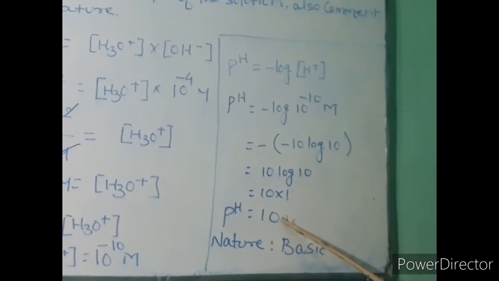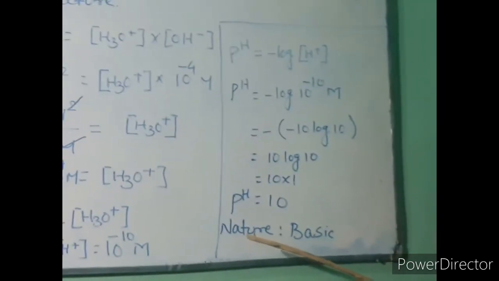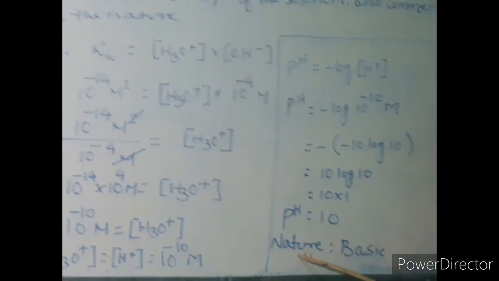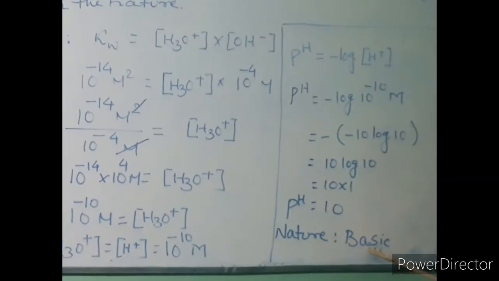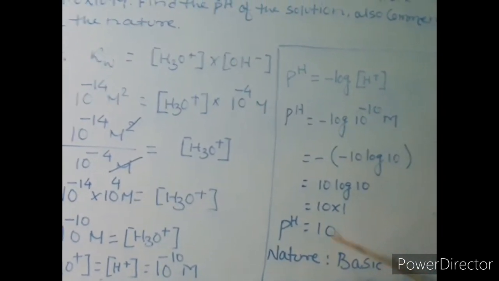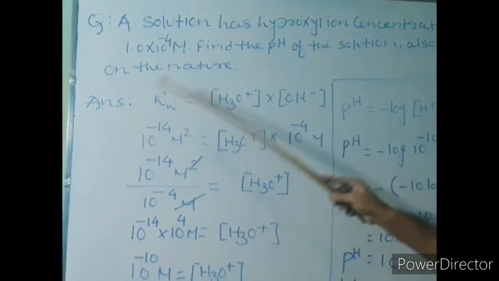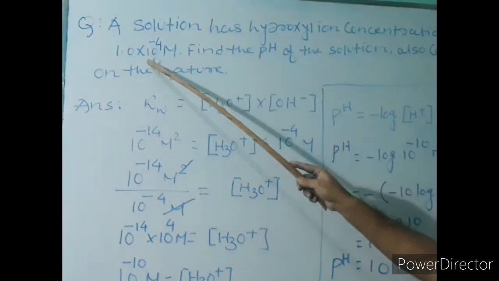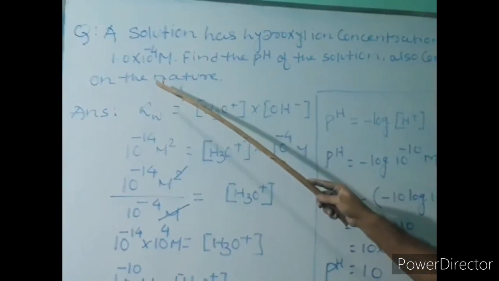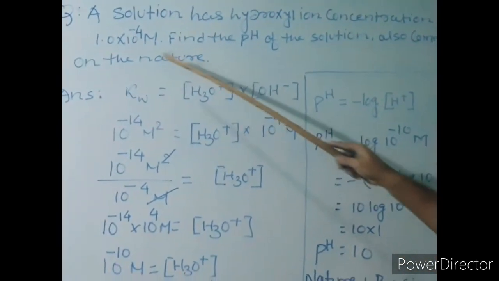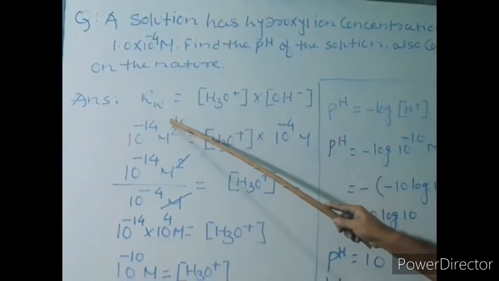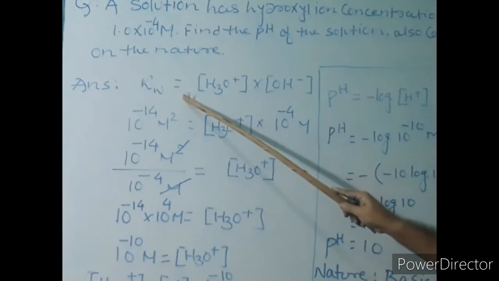As you know, on the pH scale, if the pH of any solution is more than 7, then obviously the nature of that solution will be basic. One thing to note here: if the concentration of hydrogen ion is not given to us directly, then we can make use of the ionic product of water.